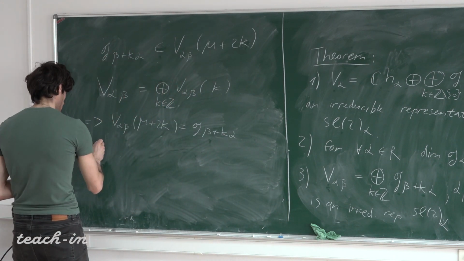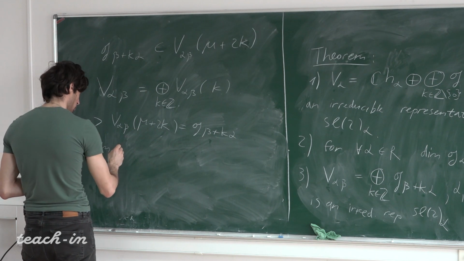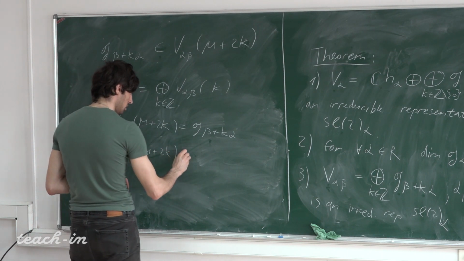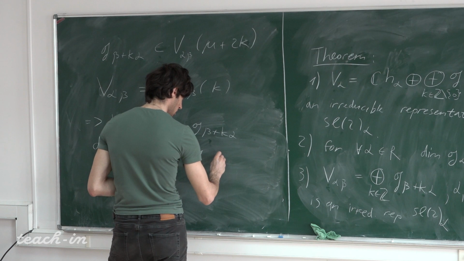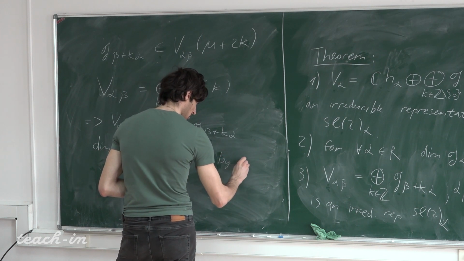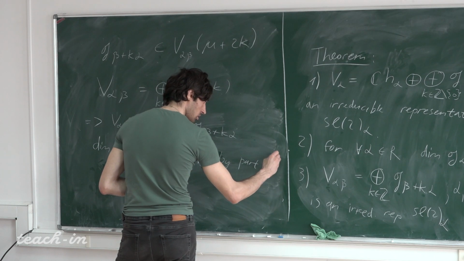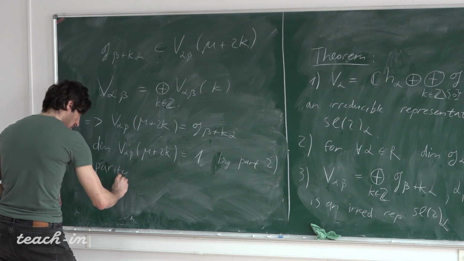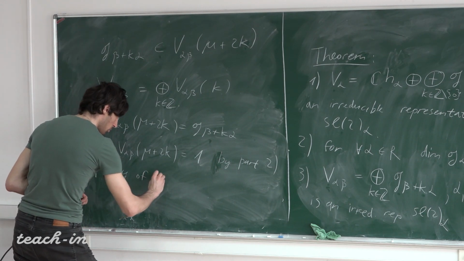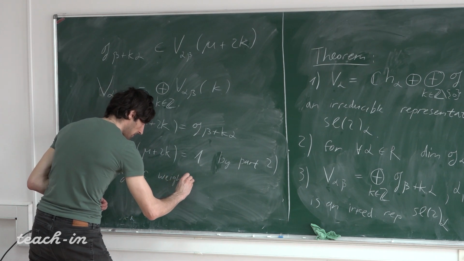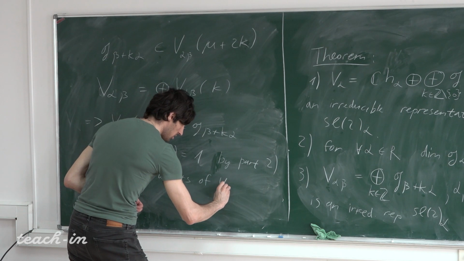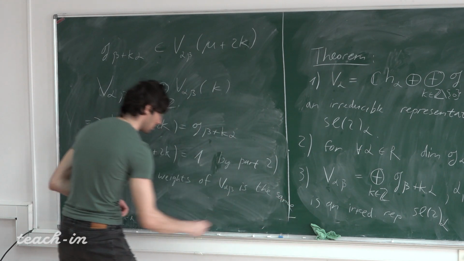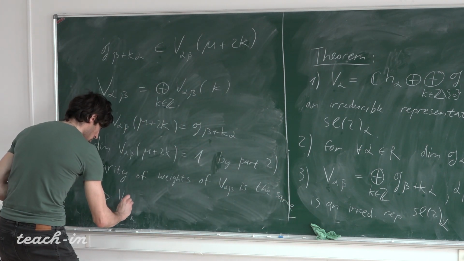So the dimension of V alpha beta of mu plus 2k is 1 by part two, and the parity of weights of V alpha beta is the same. So therefore, V alpha beta is irreducible.